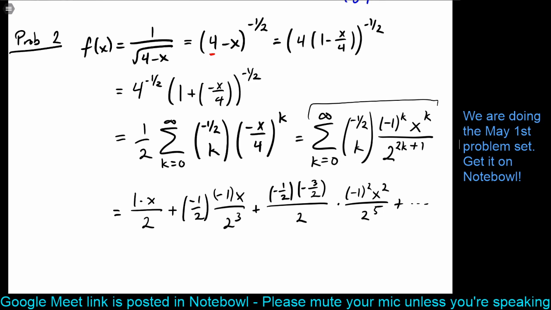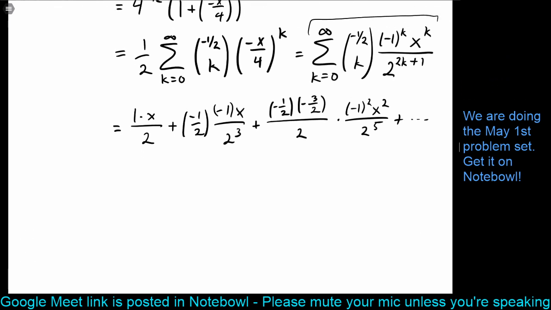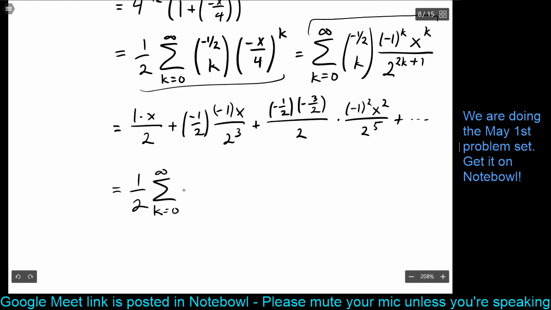I would say, for sake of looking at what the coefficients of this thing are, I think this looks a little bit better, though. I mean, this might be perfectly fine anyway.